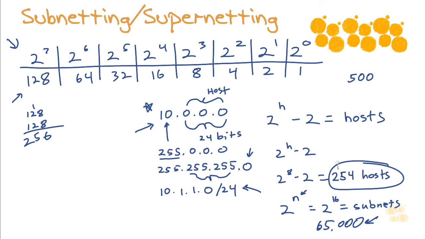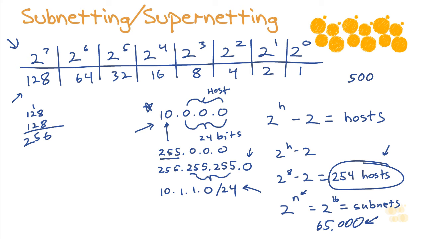It's going to extend the network portion of our IP address so that we can create additional networks. And of course, this comes at the sacrifice of the number of hosts that are going to be available per network. But we don't want a lot of hosts in each network segment by design anyways.